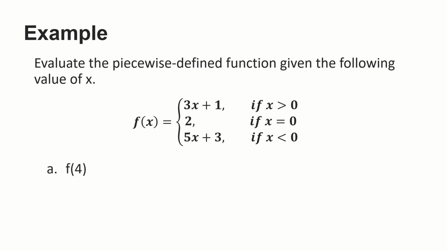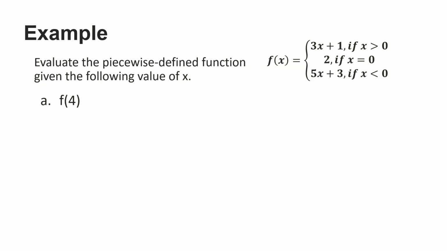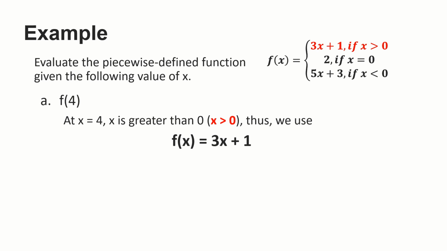Evaluate if our x is equal to 4, if our x is equal to negative 1, and if our x is equal to 0. Looking at the given, our value x is equal to 4 is a value that is greater than 0. Thus, we use our first subfunction, f of x is equal to 3x plus 1.